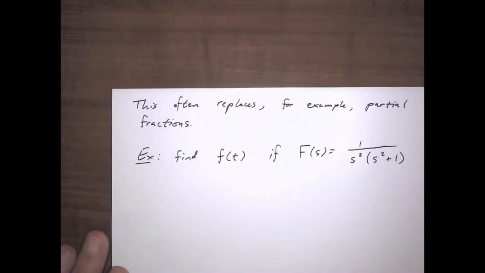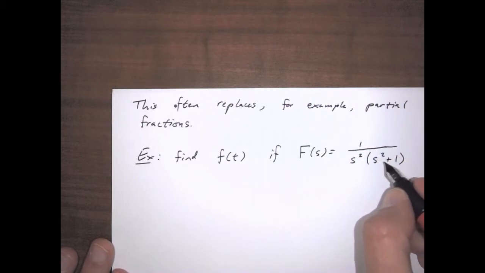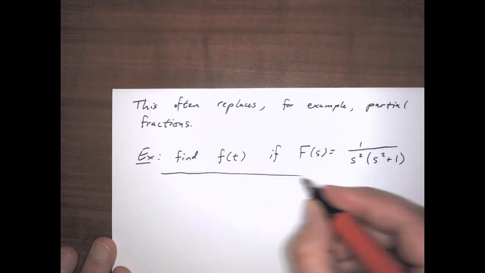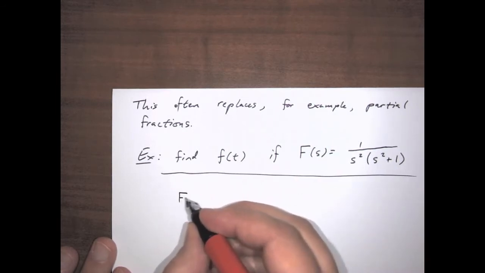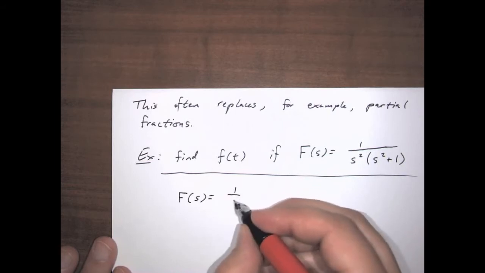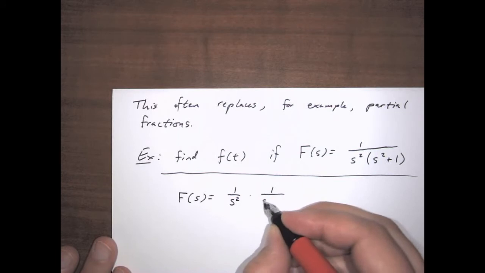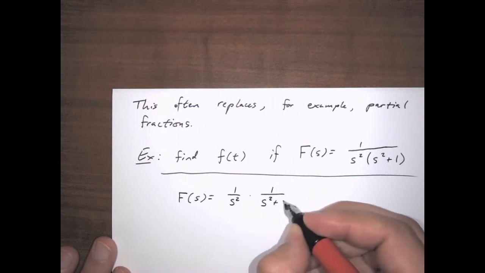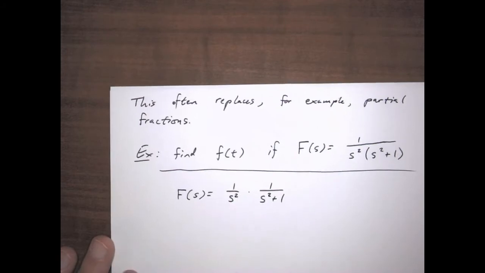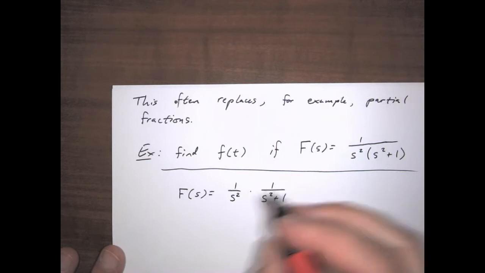So here, what we would be talking about is the product of 1 over s squared and 1 over s squared plus 1. And each of these we can then take piece by piece.